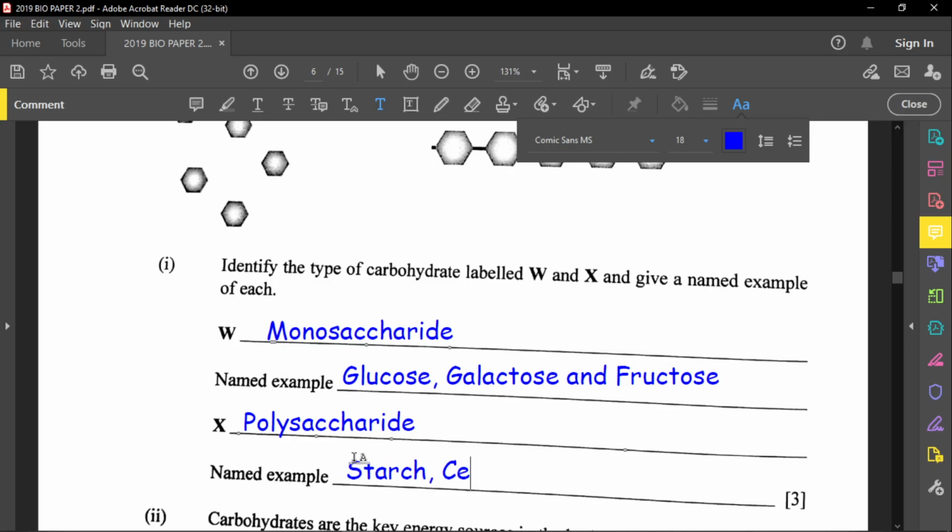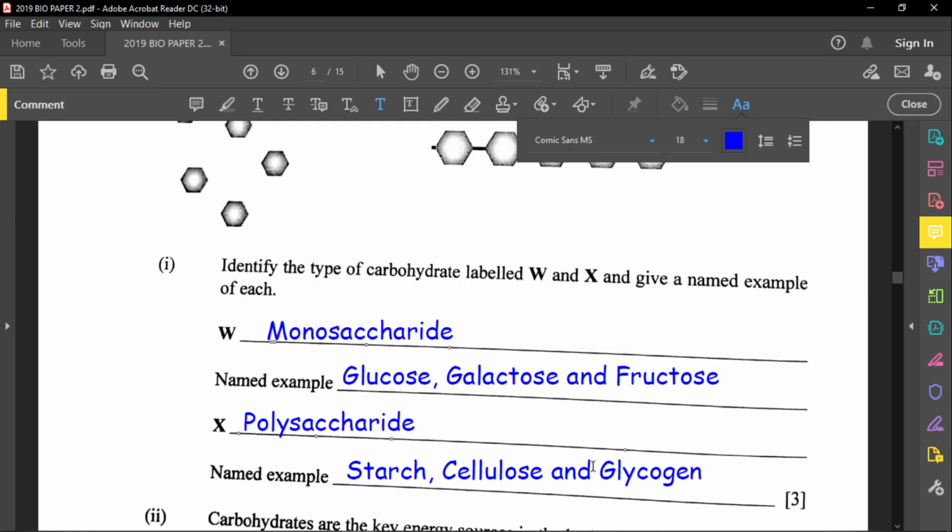Plants also contain another polysaccharide called cellulose. And in animals, we have glycogen. Okay, so those are the polysaccharides that you need to know.